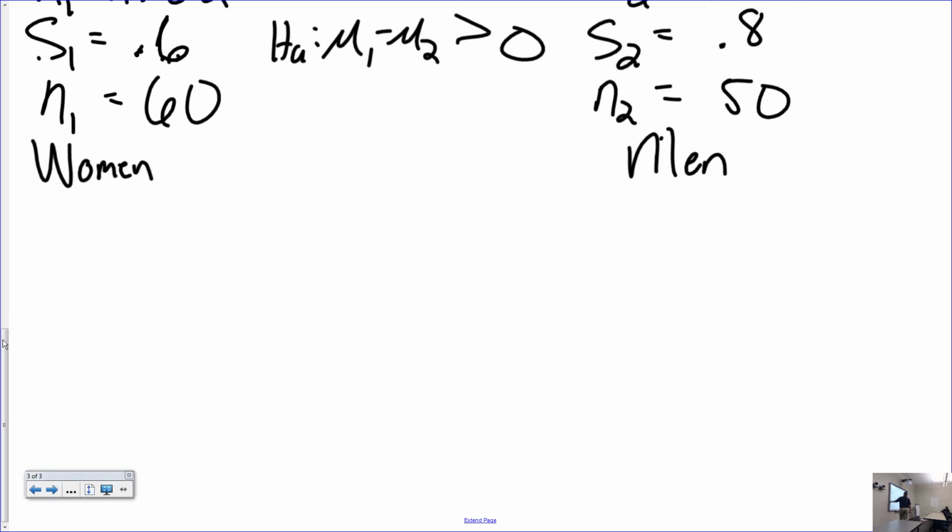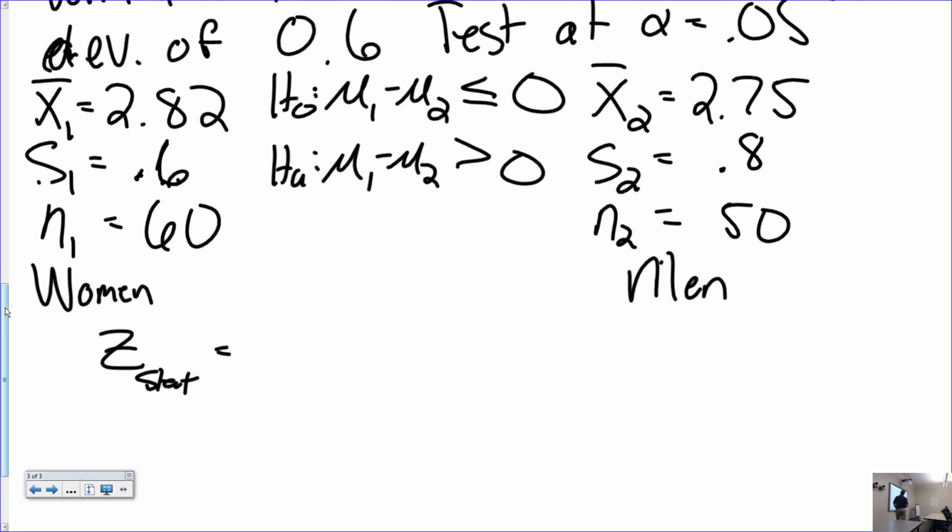All right, so now, what's my z statistic? What am I going to calculate? We just do X1 minus X2, so 2.82 minus 2.75 minus what's the comparison of my mu's? 0.